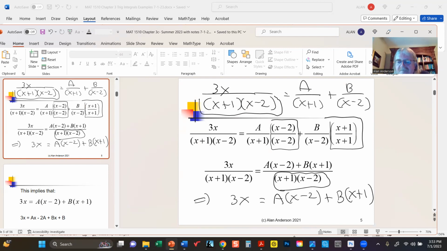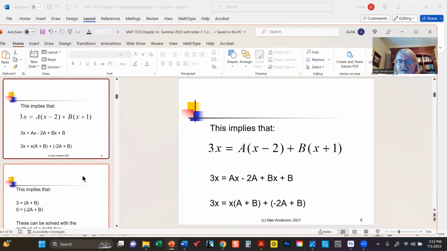So what do we do? Well, first of all, we'll expand the right-hand side algebraically. You can see I've applied the distributive property here, and I come up with ax minus 2a plus bx plus b. Now what I'm going to do is rearrange them. I could do this in a couple of different ways, but what I want is all the x terms here and the constants over here.